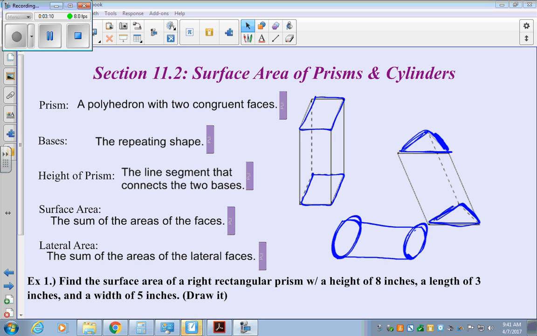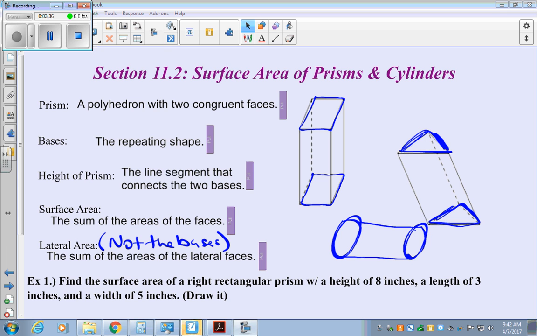So the lateral area is the sum of the areas of the lateral faces. So lateral means not the top and the bottom, or not the bases. I think of it like this. If I am going to hug my prism, it's what my arms touch to give a hug.